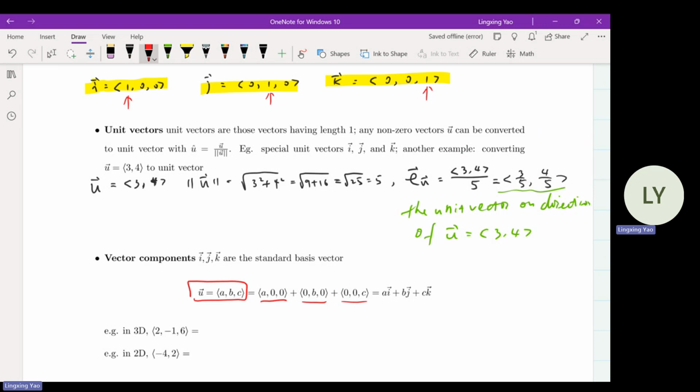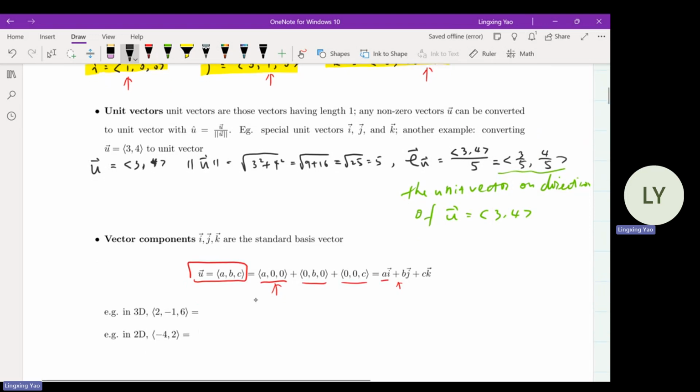And naturally, we can see this one is A times the unit vector I plus B times unit vector J, plus C times unit vector K. Okay, because what we should have is A times 1, 0, 0 plus B times 0, 1, 0 plus C times 0, 0, 1.